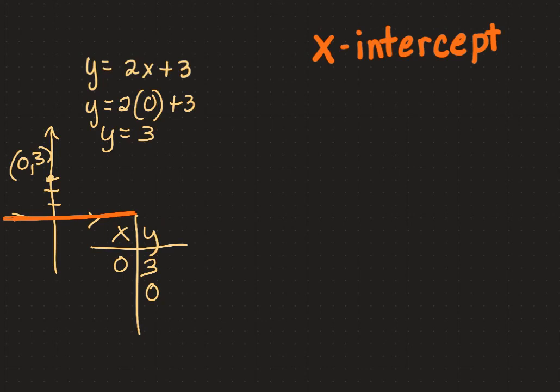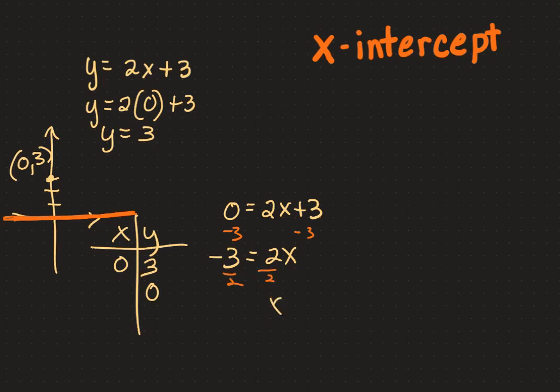So all we have to do is plug 0 in for y. So we take 0 equals 2x plus 3. That's what our original equation becomes. And now we need to solve for x. So let's subtract 3 from both sides. Minus 3. We'll get 2x equals -3 and divide by 2.